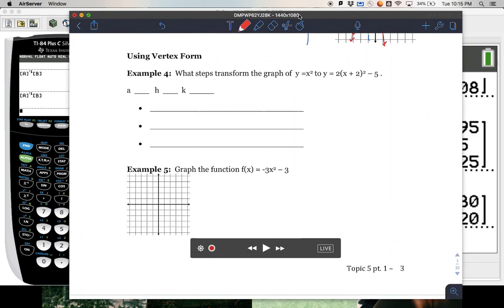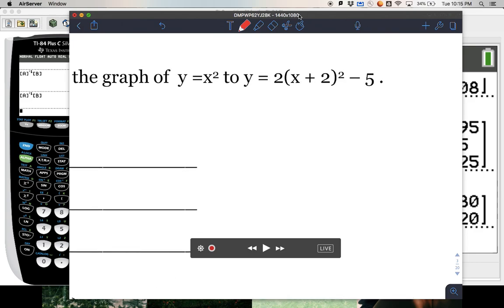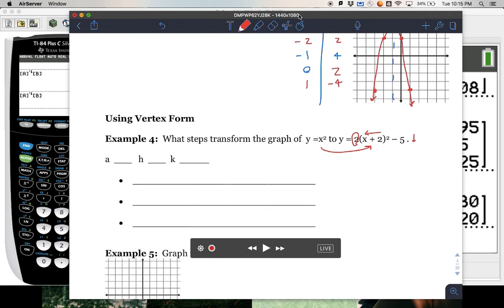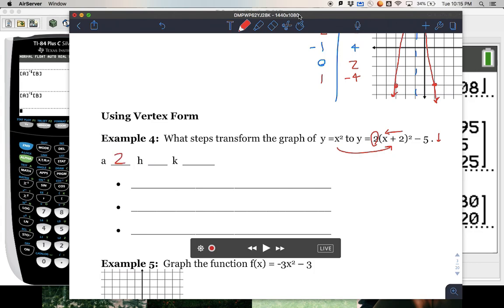Using vertex form, what are the steps to transform the graph from y = x² to this right here? All right, so you got a couple of things right here. The +2 means it's going towards the left 2. The -5 means it's going down 5, and then this 2 right there is a vertical stretch. So let's go ahead and fill this out here. H is technically -2, opposite sign, and the same side.